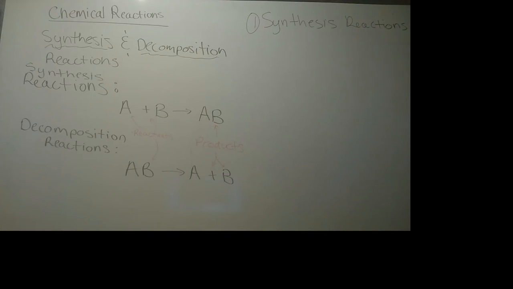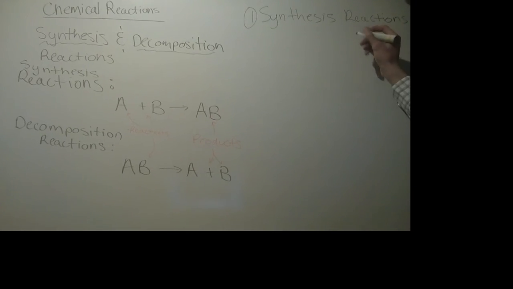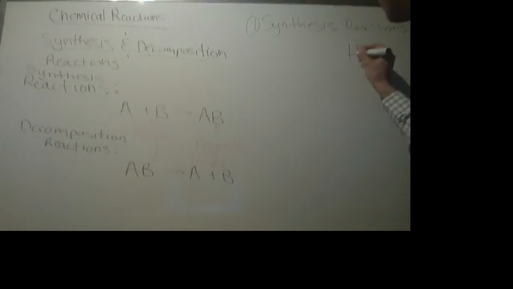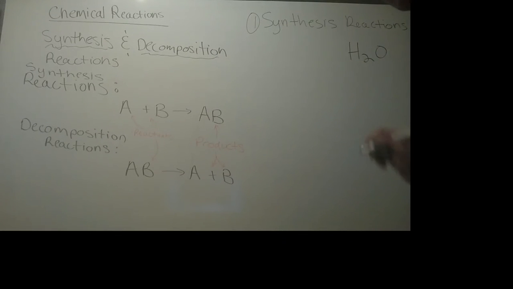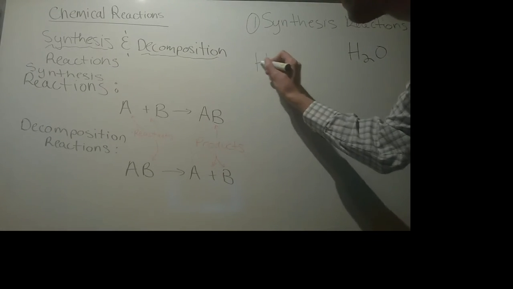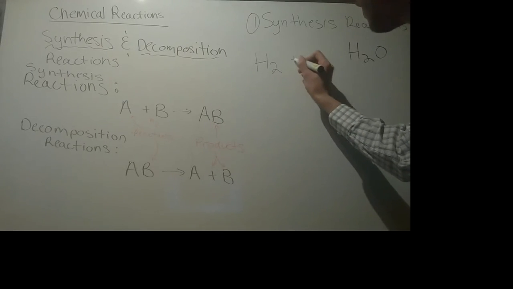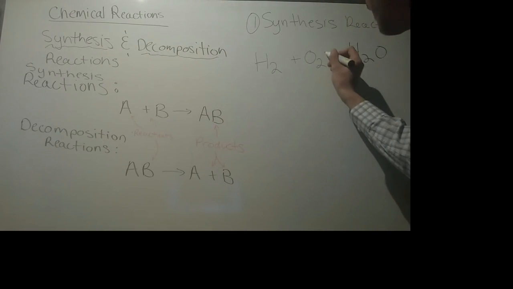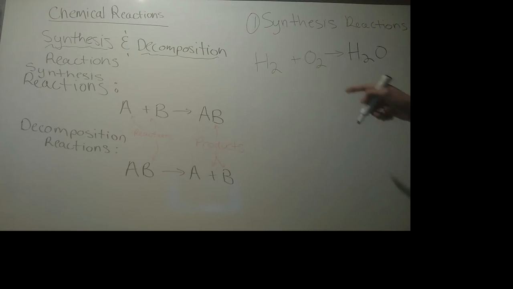So among the simpler synthesis reactions is the synthesis of water that we saw last lesson as being H2O from its elements H2 and O2. H2 represents hydrogen and O2 represents oxygen.